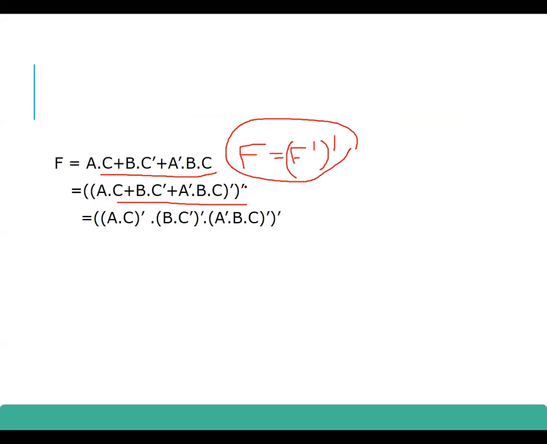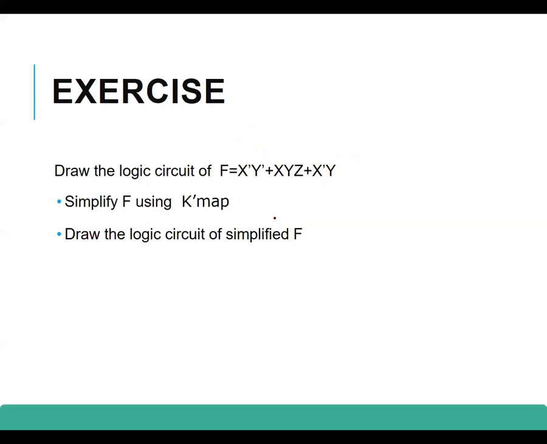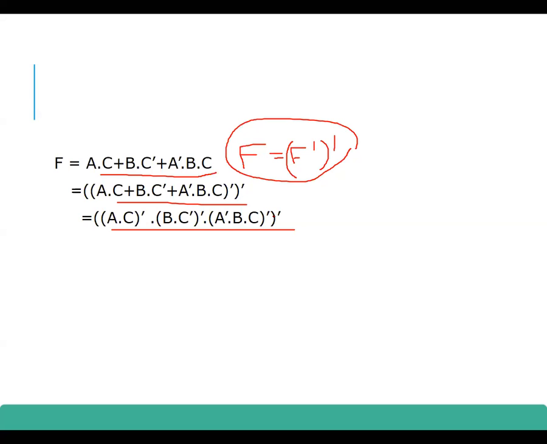And then you have to get the complement expanded by using De Morgan's theorem. So the answer would be something like this. Can this be represented by NAND gates? You have to check that. And this you can represent using only NAND gates.